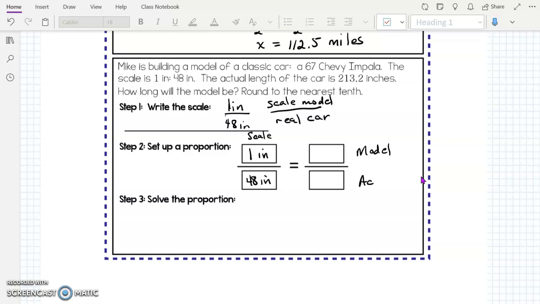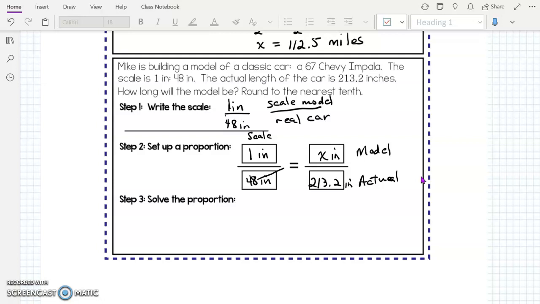The actual measurement goes on the bottom. Don't get those swapped up. Okay, we're looking for how long the model would be.